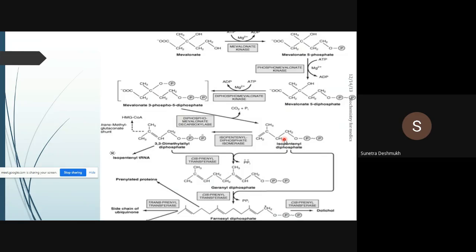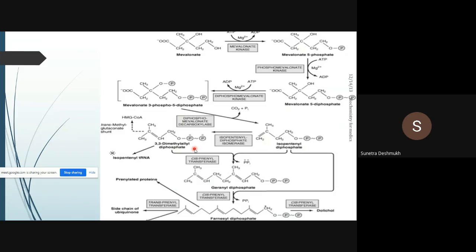Now this isopentenyl diphosphate we have to isomerize. IPP is an isomer of DPP. So this isopentenyl diphosphate we have converted to 3,3-dimethylallyl diphosphate.